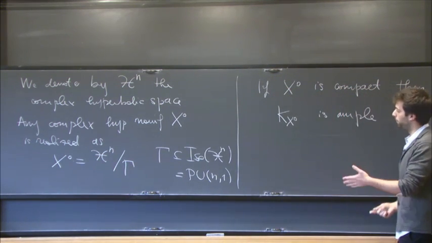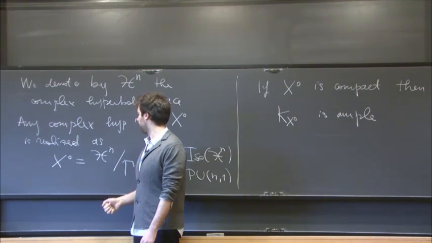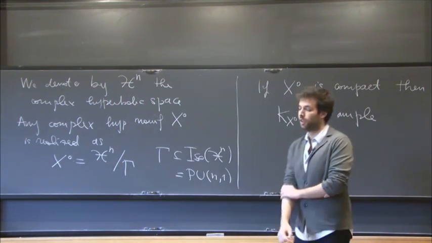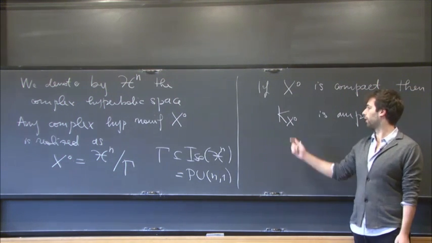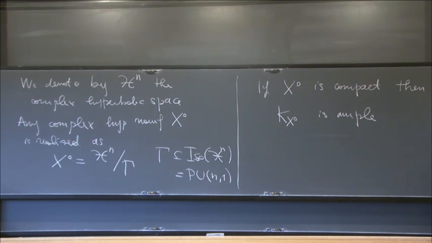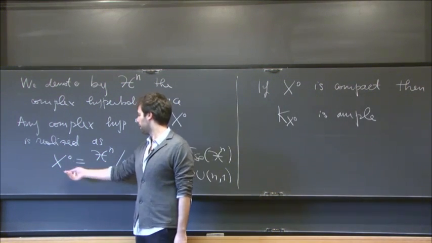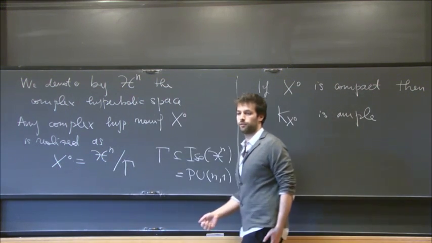This follows since it is a quotient of the hyperbolic space, so the manifold has a Kähler-Einstein metric with negative curvature, which is in the class of minus the canonical class, and then you get the ampleness from the Kähler-Einstein metric. What I'm going to focus on in this talk is when this quotient gives a non-compact manifold.